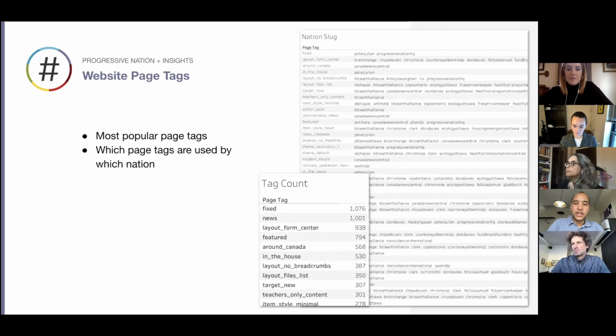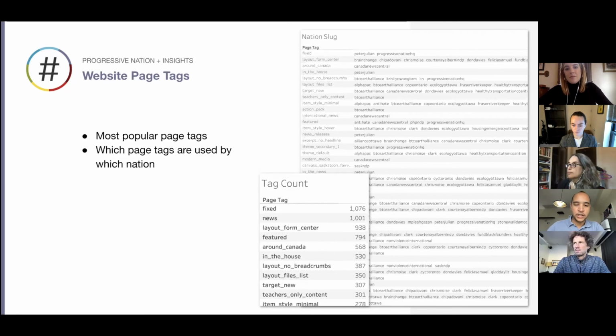And one of the biggest challenges that we had, before Insights, was that we had to go into everybody's nation individually to find out what tags they are using. The page tags are what determine how their page looks, and so it reformats their page easily, without them needing any code. And so we needed to figure out what were the most popular page tags that were used.